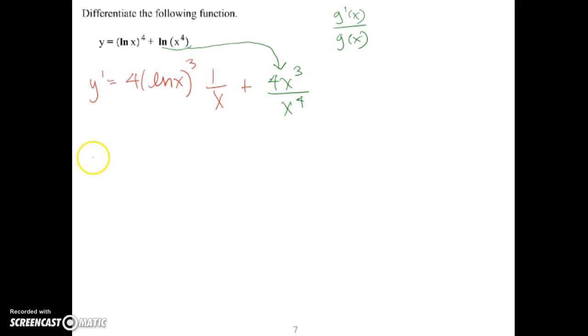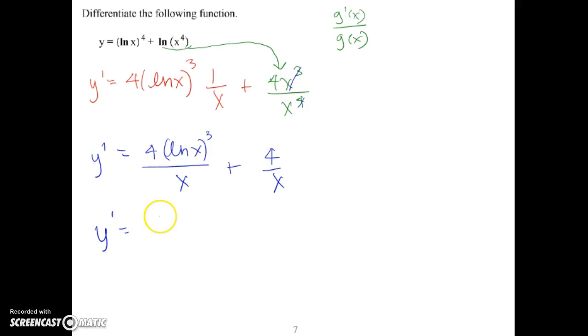Now, if we want to simplify, we get y prime equals 4 natural log x cubed over x plus, this cancels with this, so we get 4 over x. So y prime comes to be 4. We can factor a 4 out, and we're left with natural log x cubed plus 1, all of that over x.